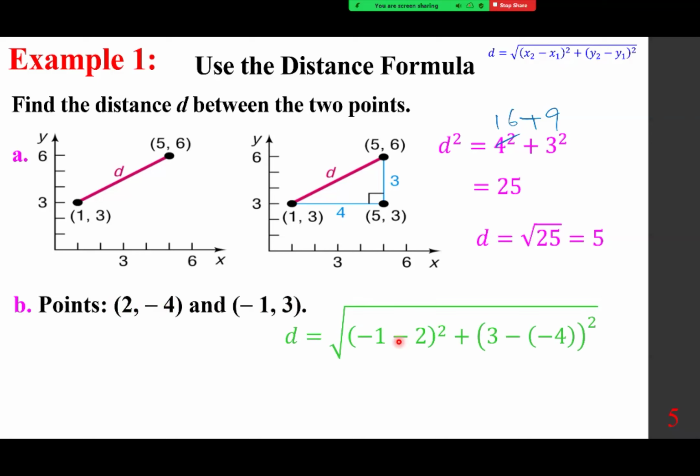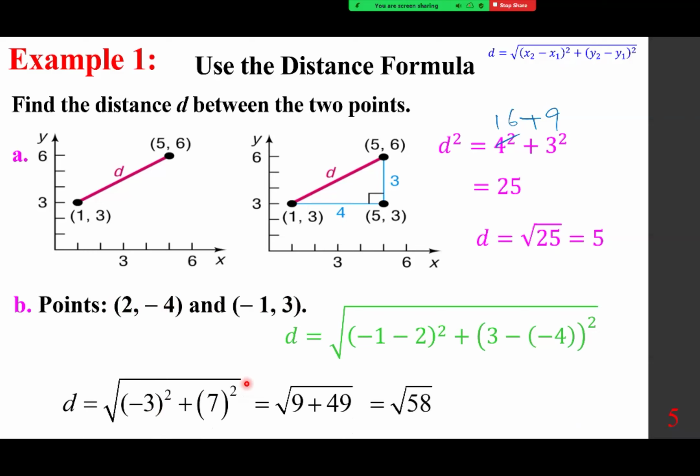And this is negative 3 squared. This is positive 7. 3 minus minus 4 is positive 7. And so this is 9. This is 49. And the answer is precisely square root of 58. Approximation depends on how many decimals you are asked to put. If they don't ask you, you have to go with the exact answer.